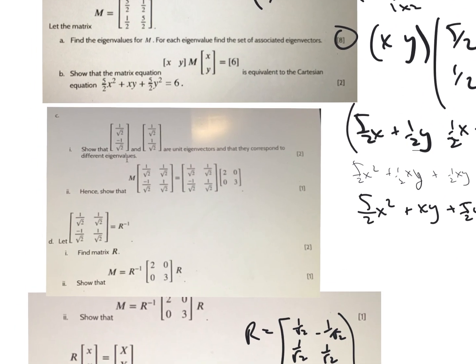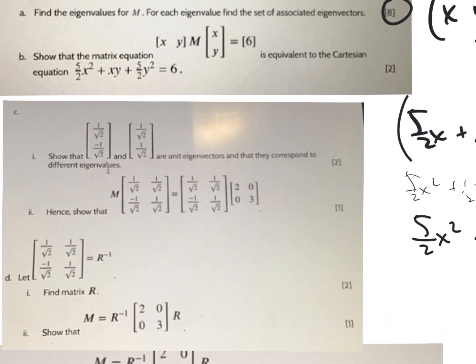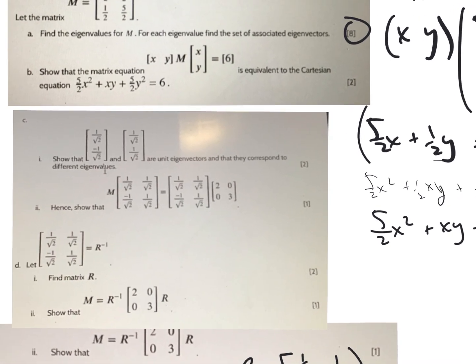All right, continuing on then, it says, hence show that this is true. Well, one of the things that I want to recognize when I look at this is I have to see that this here is this, and it's this. This is the eigenvector for the eigenvalue of 2. This is the eigenvector of the eigenvalue of 3.